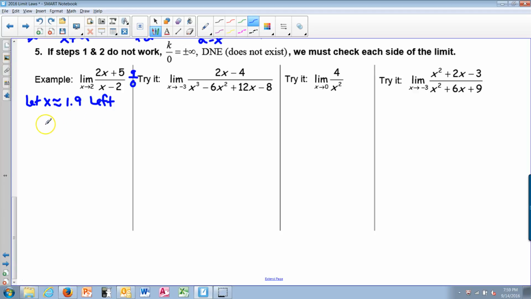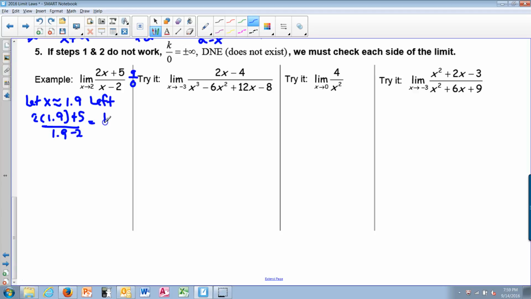All I care about is whether or not the limit would be positive infinity or negative infinity. Because it's a vertical asymptote, I already know that it's definitely one of the infinities and the limit does not exist. So if I'm slightly left, I know that the numerator would be 2 times 1.9 plus 5 over 1.9 minus 2.